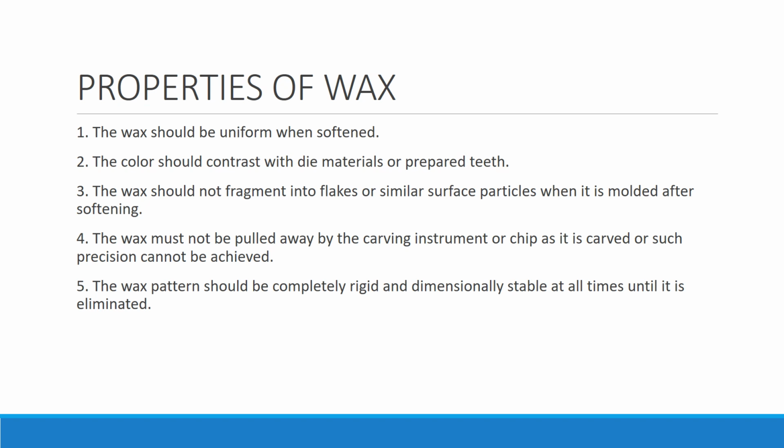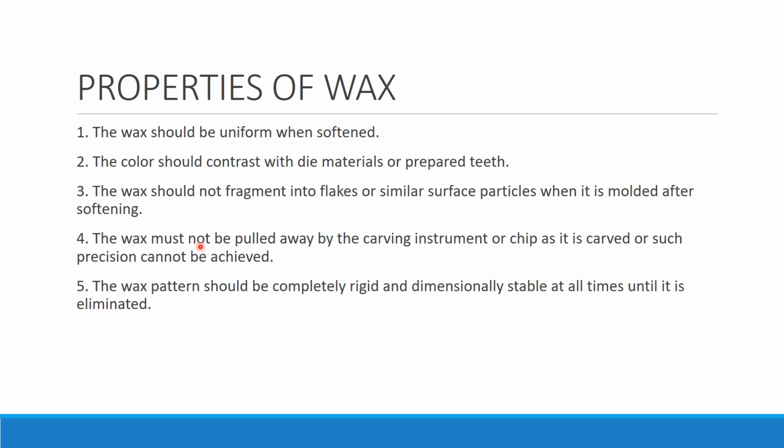All right. So coming to the properties of the wax used, the wax should be uniform and softened. The color should contrast with the die material or prepared teeth. The wax should not fragment into flakes or similar surface particles when it is molded after softening.